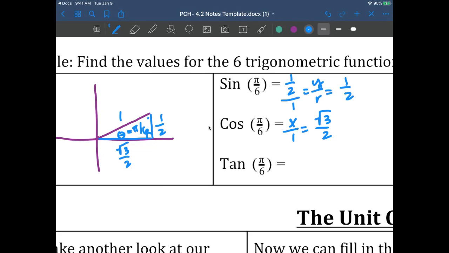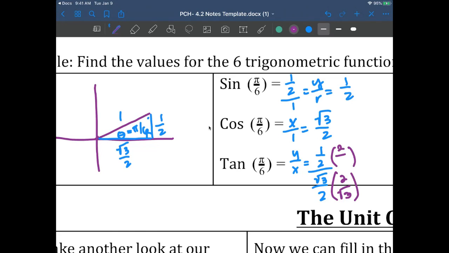Tangent is a little trickier. It's y over x, so we get 1/2 divided by root 3 over 2. How do we divide fractions? We multiply by the reciprocal. So I'm going to go ahead and do that.